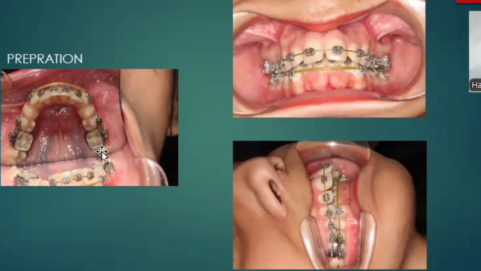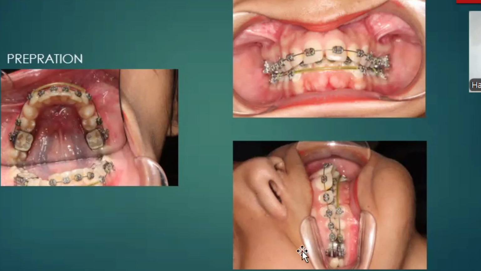So we cement a double slot band. Ideally, there should be a lingual arch bonded to it, but in this patient there is no lingual arch. But I recommend that whenever you plan intrusion of the lower arch, you should place double slot bands with a lingual arch.